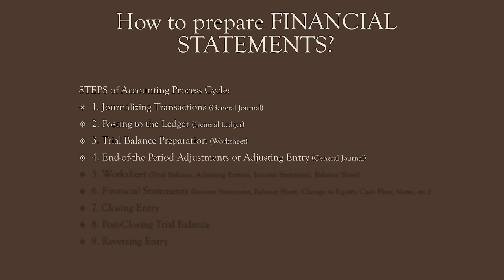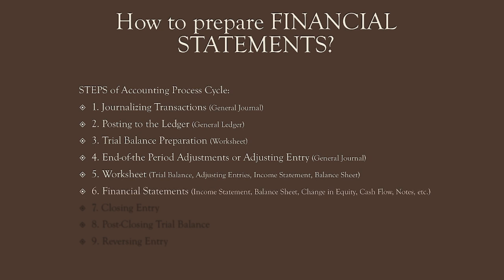The fourth step is the end of the period adjustments or adjusting entry, which will be recorded in the general journal. Then the fifth step is the worksheet, which consists of trial balance, adjusting entries, income statement, and balance sheet. The sixth step is the financial statements.